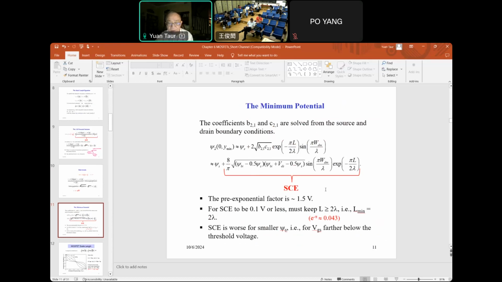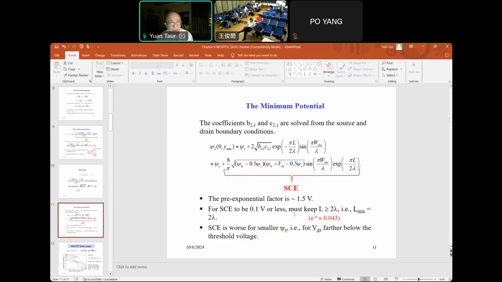So all this boils down to what lambda is. If you know lambda, then you know when the channel length becomes too short, and this term becomes over tenths of a volt, which will have a very large effect on the threshold voltage.